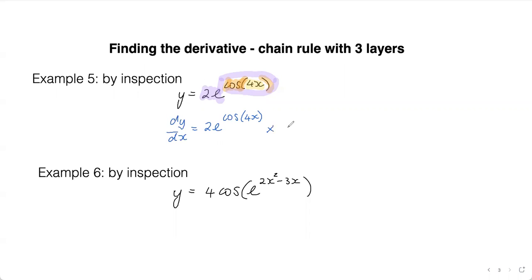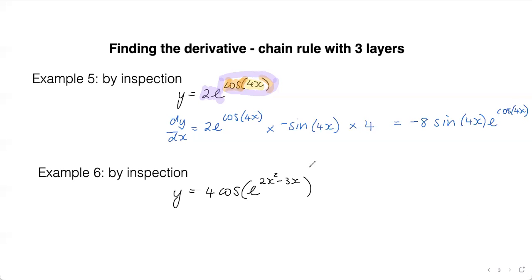So derivative of cos is negative sine. We keep what's inside the same. Then derivative of the next layer, which is our very inside one, the 4x, and that derivative is 4. And then we just tidy that up. I'm going to bring my negative right out the front. 4 times 2 is 8, so negative 8. I might pop the sine 4x there and have e to the cos 4x at the end.